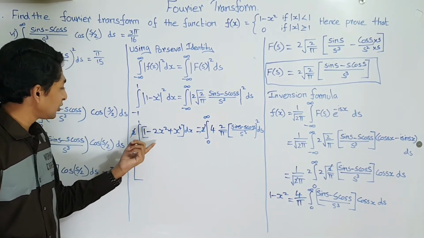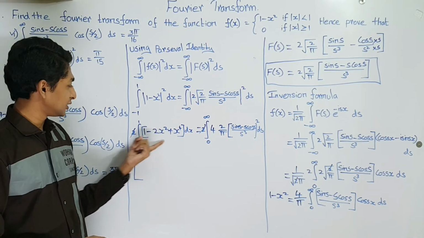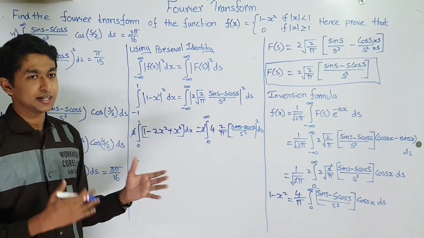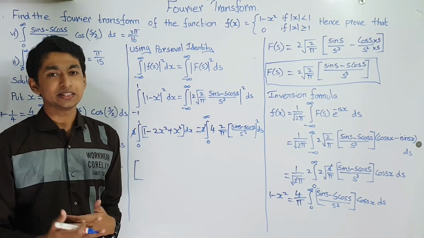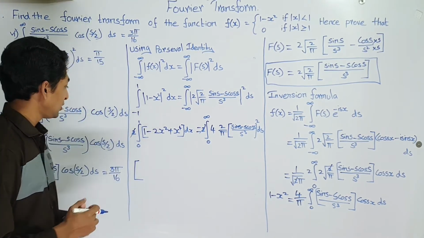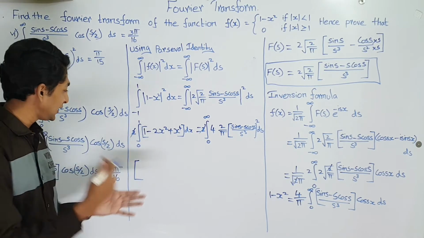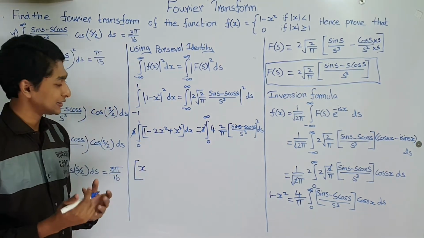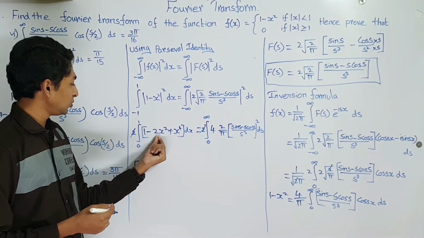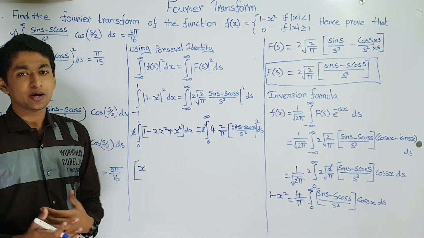Okay, so now we are going to integrate. So integrate these terms. So 1 ஓட integration, இதல பார்க்க வேண்டியது நமக்கு x. So with respect to x we are going to integrate. So இப்போ 1 ஓட integration வந்து x with respect to x னால x. அப்புறம் 2 x square, so x square ஓட integration.